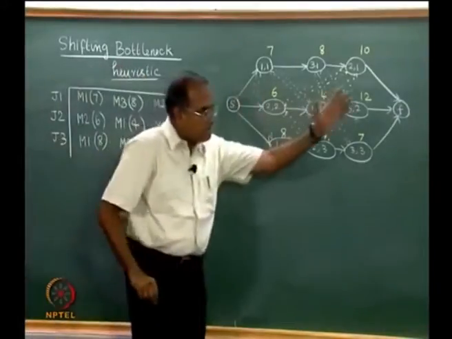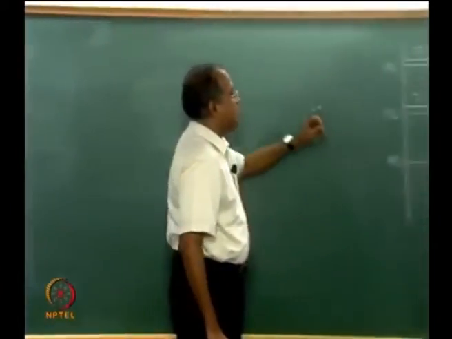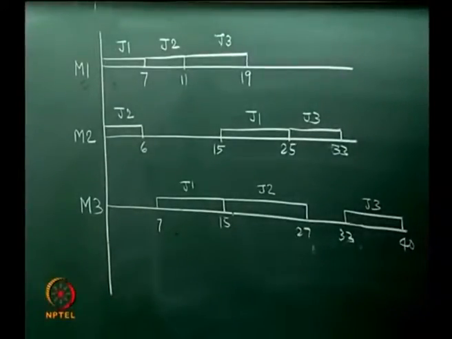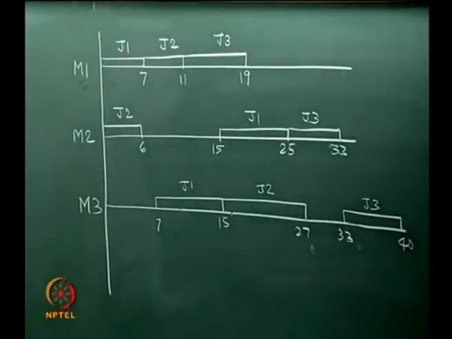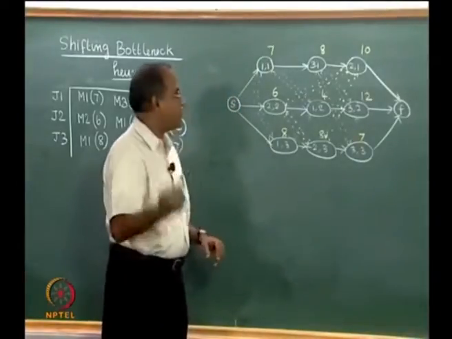If we want to map the SPT sequence on this, for example, if we take M2, then the order is J2, J1 and J3, which means on M2 it will be 2 to 1 and 1 to 3.